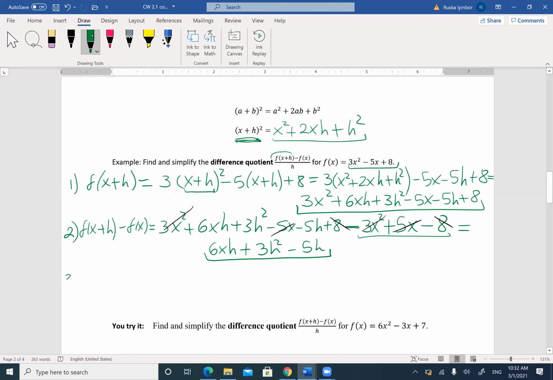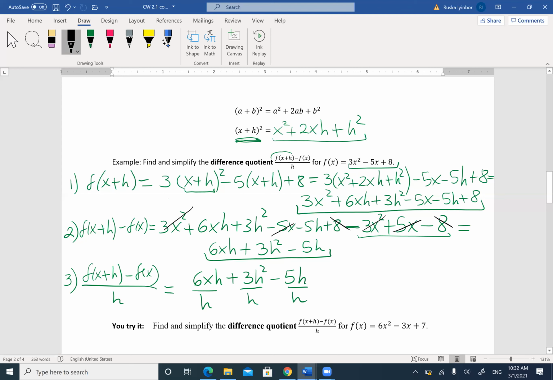And then step 3 is going to be f of x plus h minus f of x, everything over h. And now this h should cancel out in the bottom. So we copy the answer from step 2, 6xh plus 3h squared minus 5h, and everything over h. I'm going to put each of those over h so I can reduce easier.